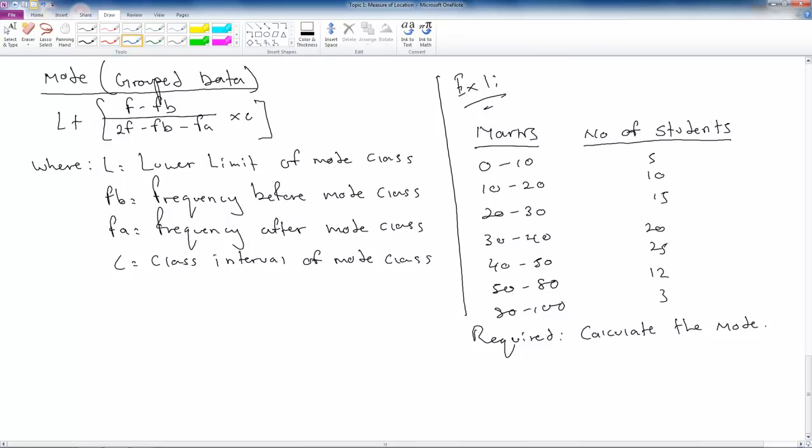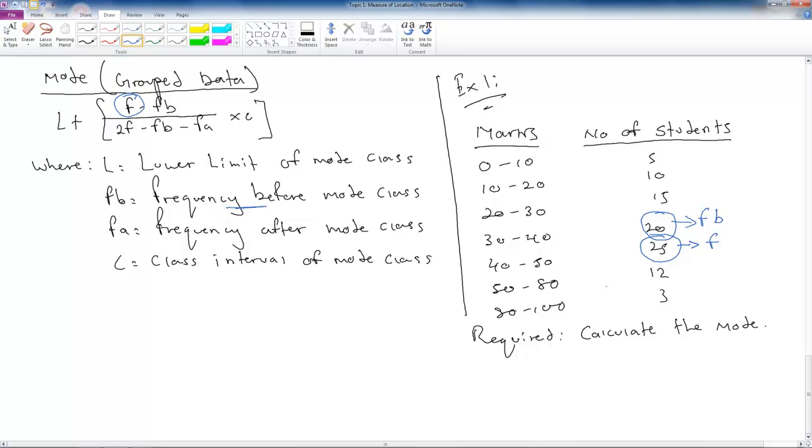Our highest frequency is 25. When you choose 25, because that's the highest frequency, that will become our F. And of course, frequency before, if this is F, before means 20, so that will be our FB.